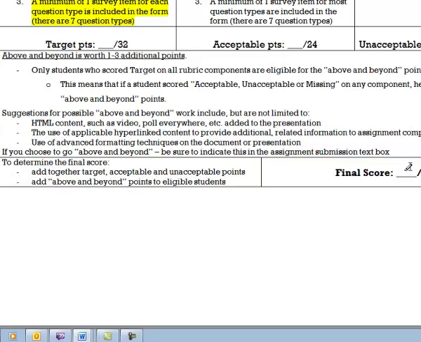You then calculate their final score, which is a combination of the unacceptable points, target points, acceptable points, and any above and beyond points to determine the final score. Again, remember, for this assignment, only those students scoring target on all components are eligible for the above and beyond points.